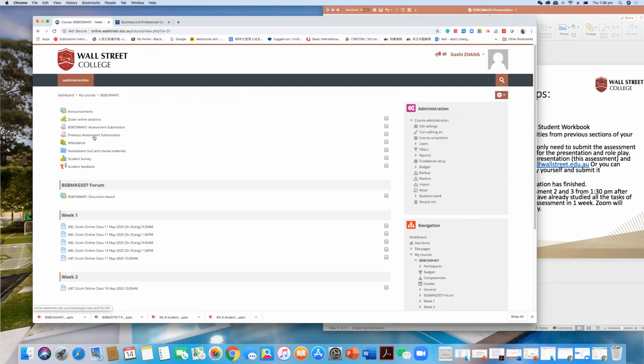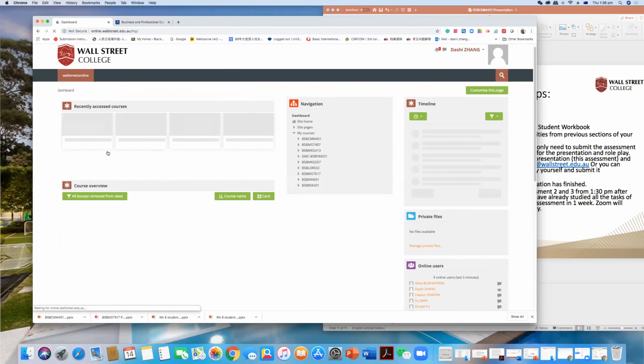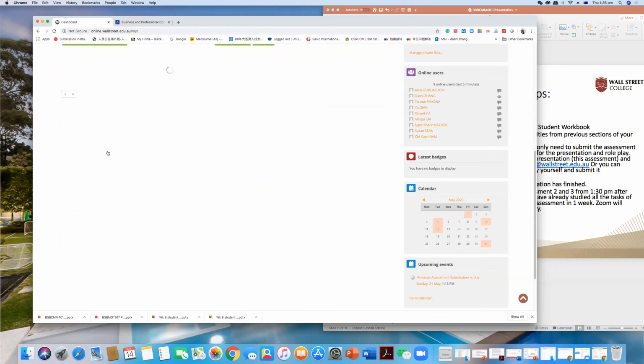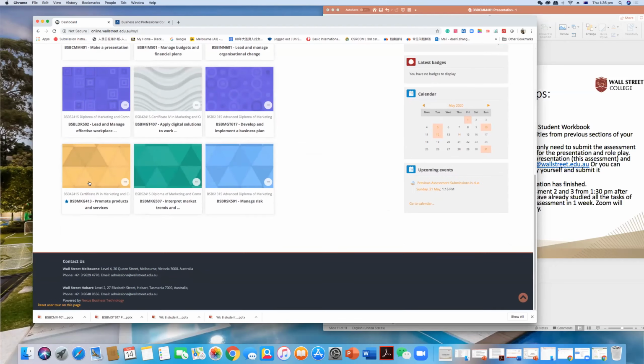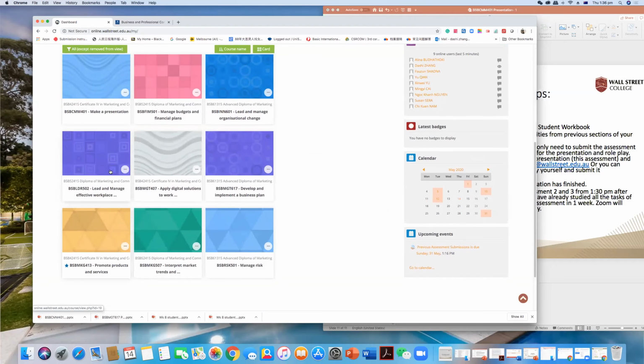You can upload all of them here, to the current unit, or you can upload the relative assessment to the according relative unit of your guide. So can you see 3 units on your dashboard? So there is no problem for you to see all of the 3, right?